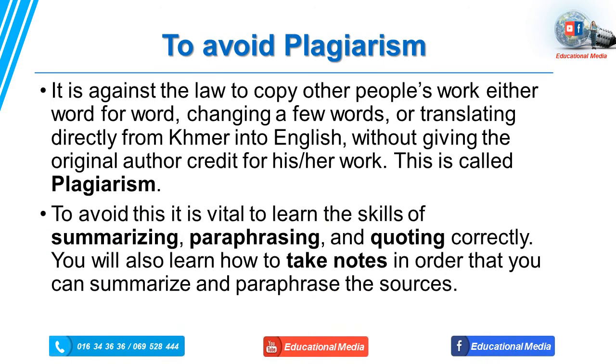To avoid this, it is vital to learn the skill of summarizing, paraphrasing, and quoting correctly. You will also learn how to take notes so that you can summarize and paraphrase the sources. In the next video, we are going to talk about how to summarize and how you can integrate it into your paper correctly.